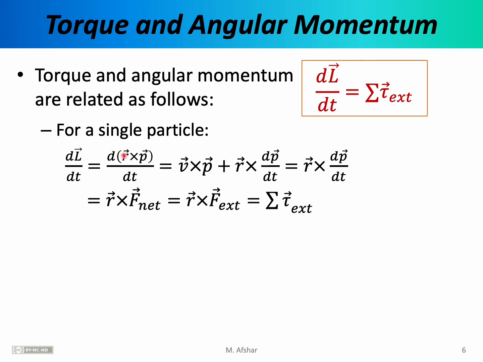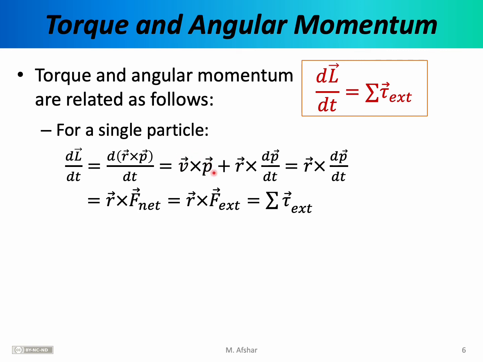Remember that when you take the derivative of r with respect to t, you simply get velocity. And then also remember that velocity and momentum point in the same direction, because after all, momentum is mass times velocity. When you take the velocity vector and multiply it by, let's say, a number like 3, you're making it 3 times longer, but you're not reorienting it, you're not changing its direction.